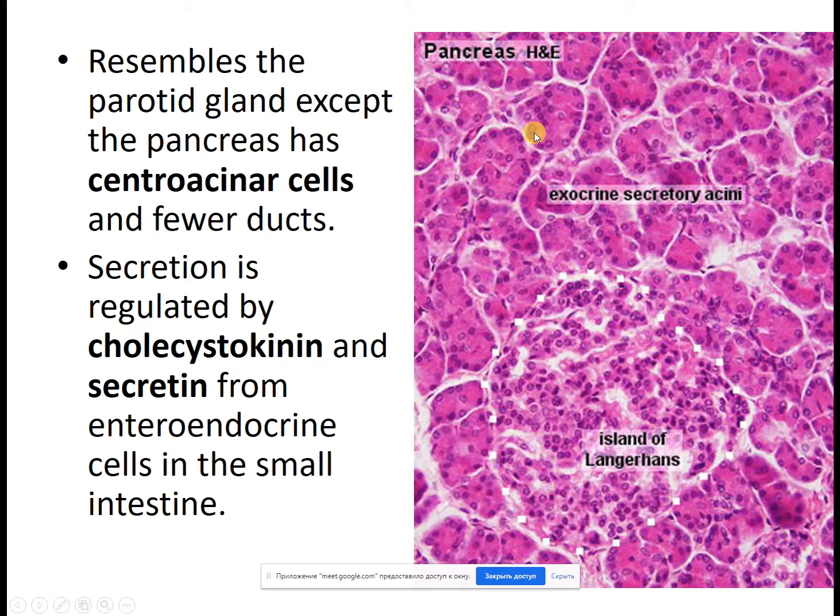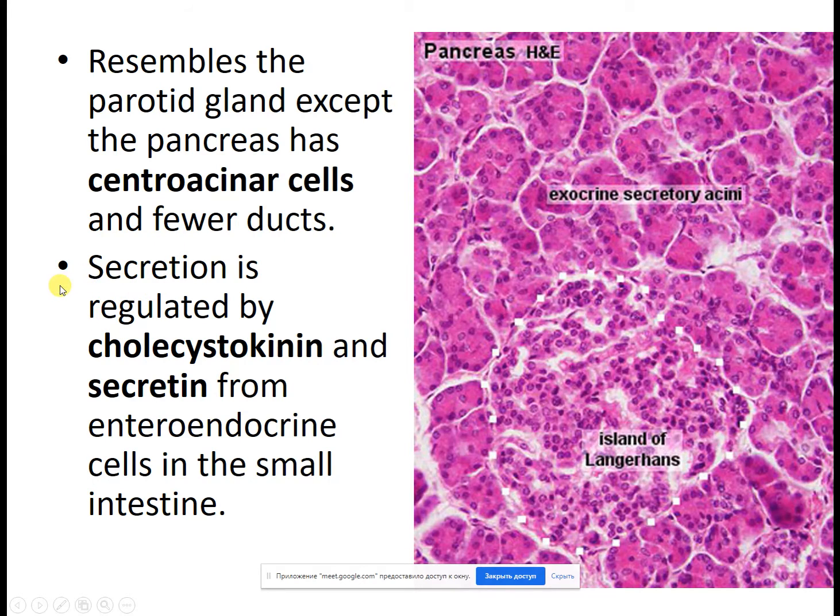But what's the difference? Actually, centroacinar cells are present, which are hardly visible. For example, this might be a centroacinar cell somewhere, under some angle we can claim it, but it's not visible. So it's not a good feature to distinguish it from the parotid gland.